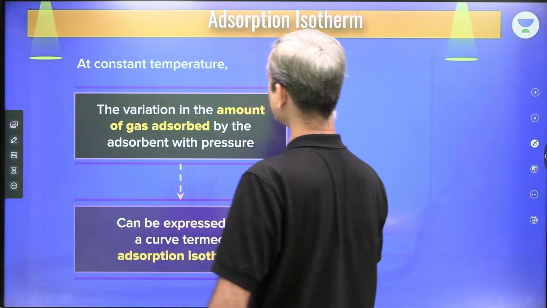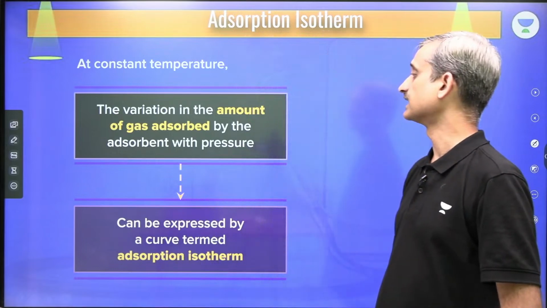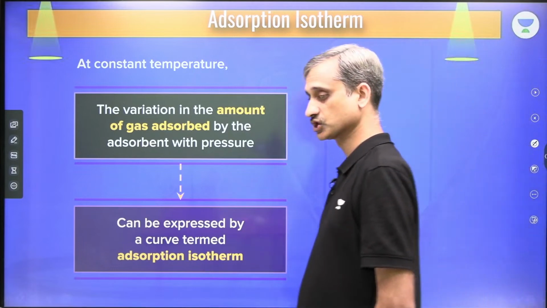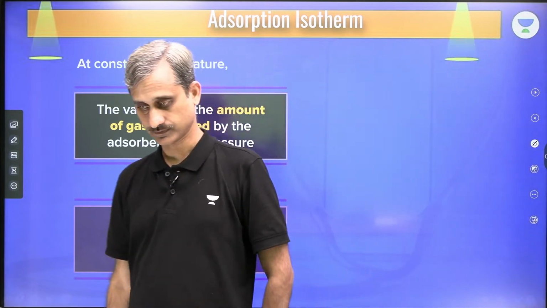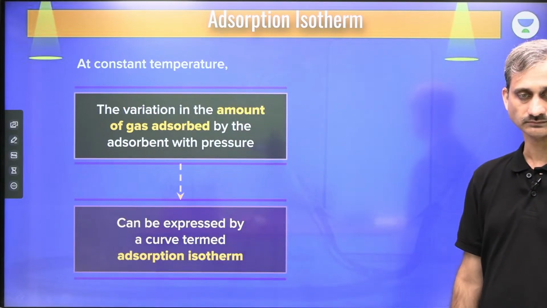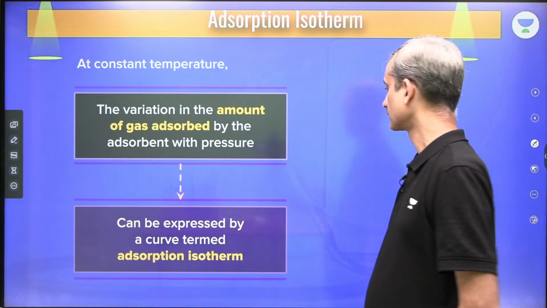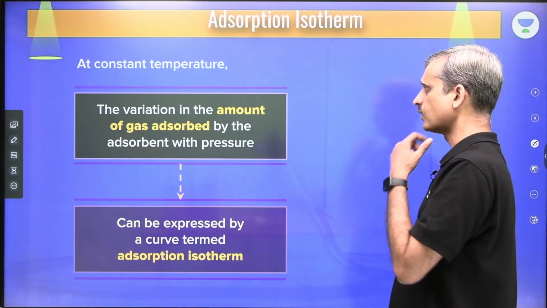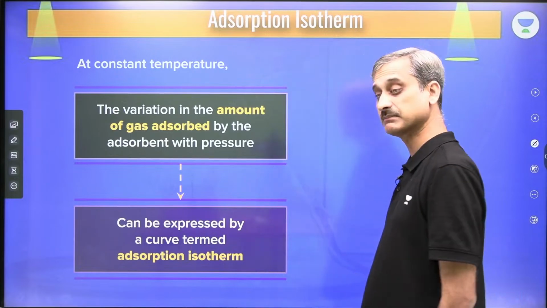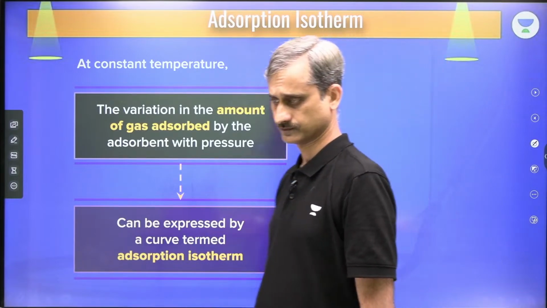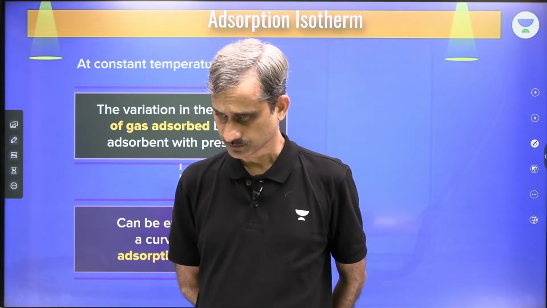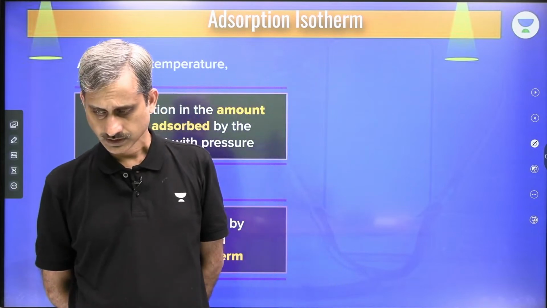This gives us the variation in the amount of gas adsorbed by the adsorbent with pressure, that is, how the adsorption changes with pressure. Now, when we talk about this Freundlich adsorption isotherm, it is an experimental curve. Is that clear?